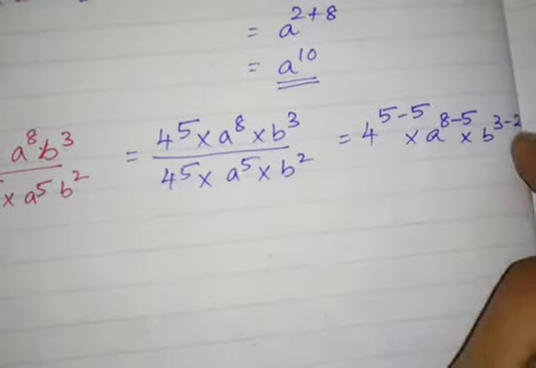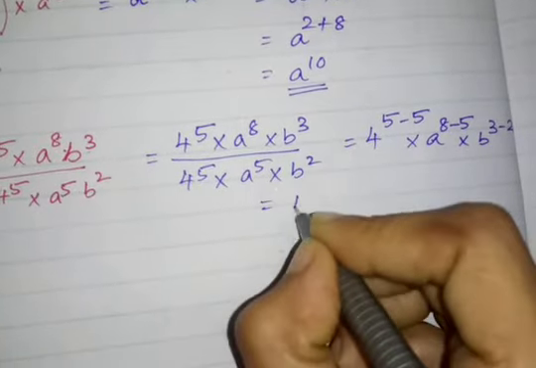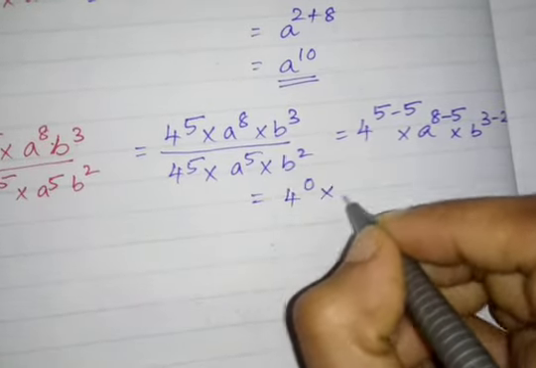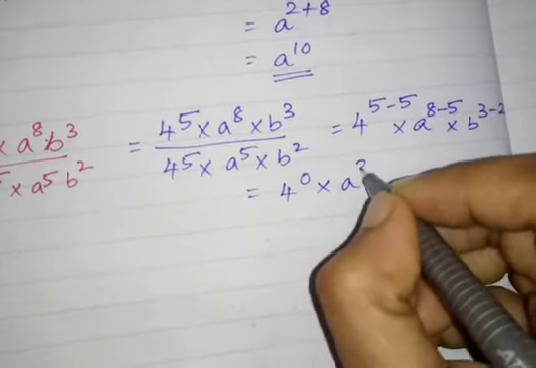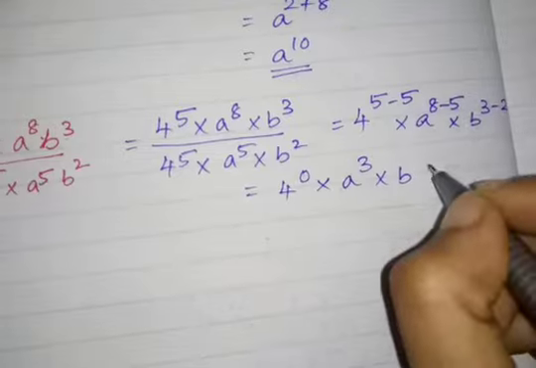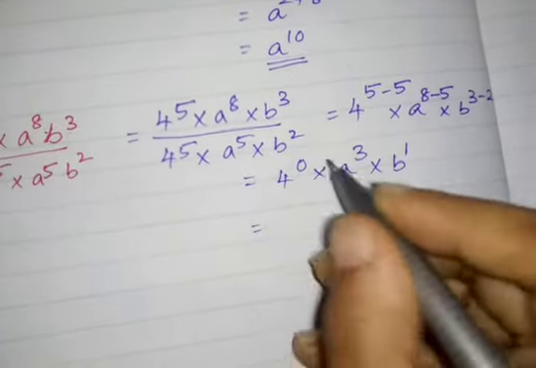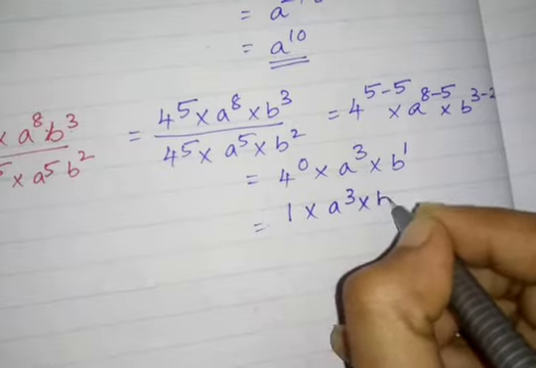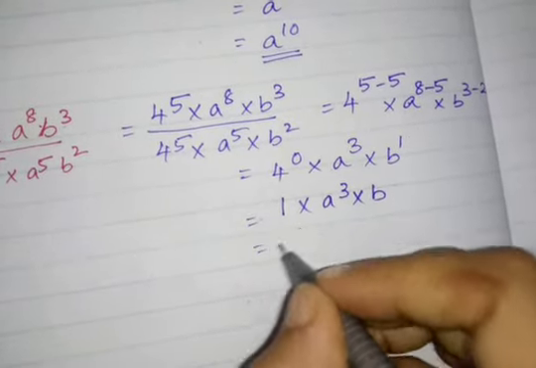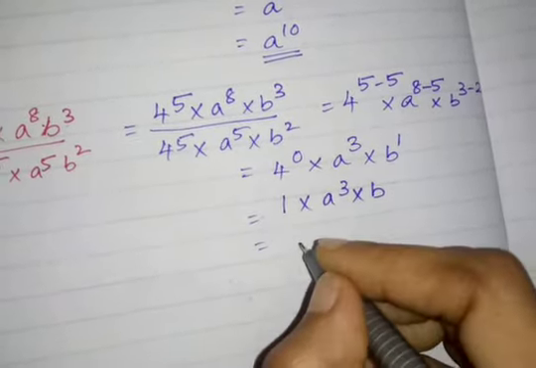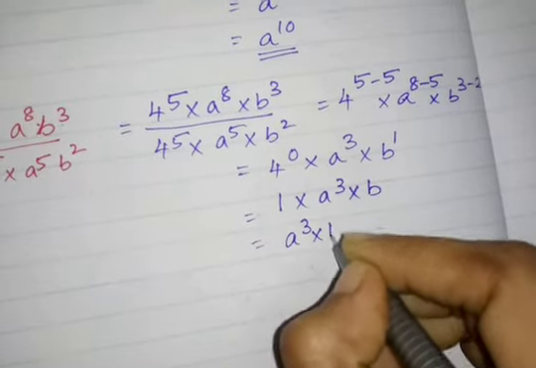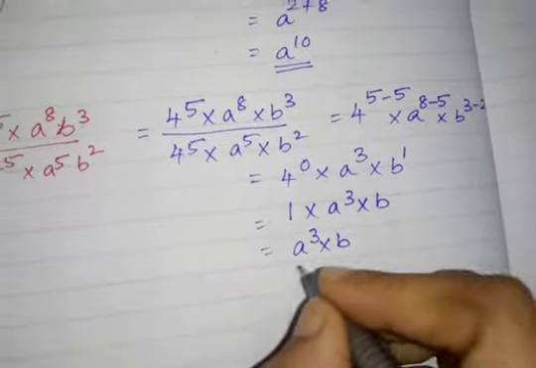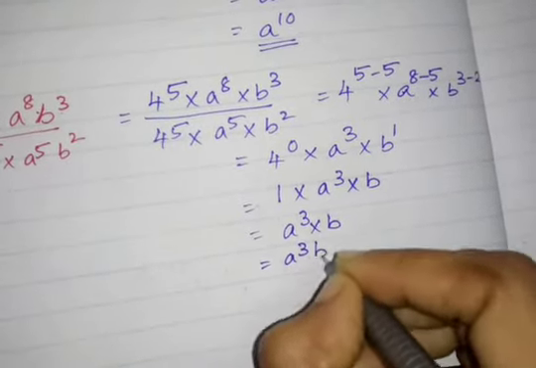So 4 power 0, since 5 minus 5 is 0, into a power 8 minus 5 means 3, into b power 3 minus 2 is 1. 4 power 0 means 1, into a cube into b power 1 means b. So 1 into a cube into b means a cube b.